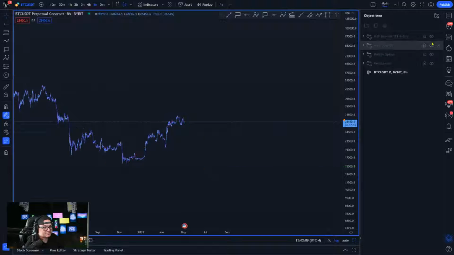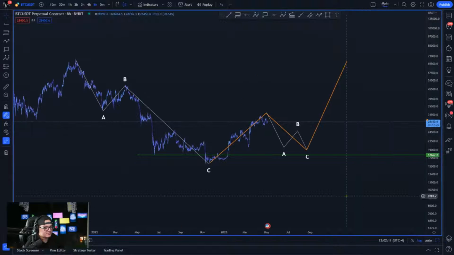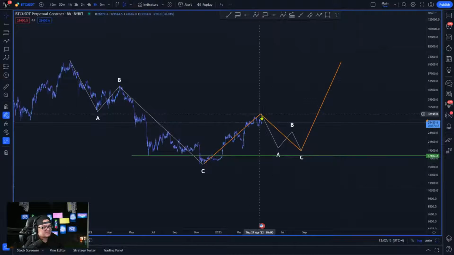Another middle of the road option is where we do put in a larger pullback, but eventually we put in an ABC pattern. Hopefully we can take a long position and ride the next wave up. This move might be a little bit elongated, and unfortunately I don't know exactly when this is going to bottom out, if it is going to bottom out.